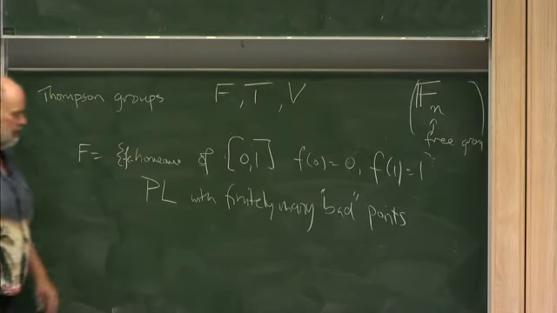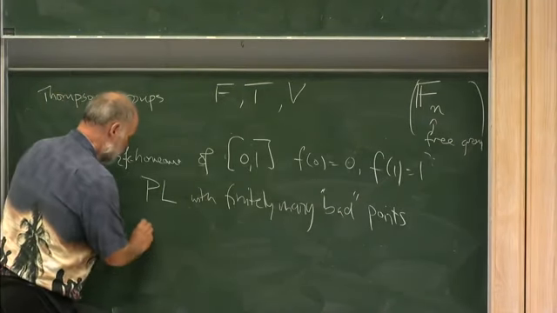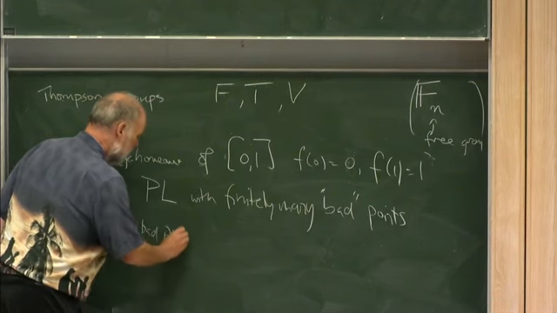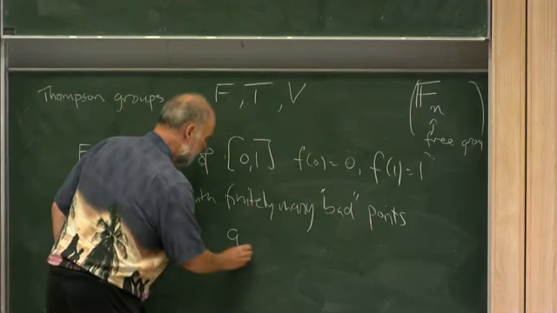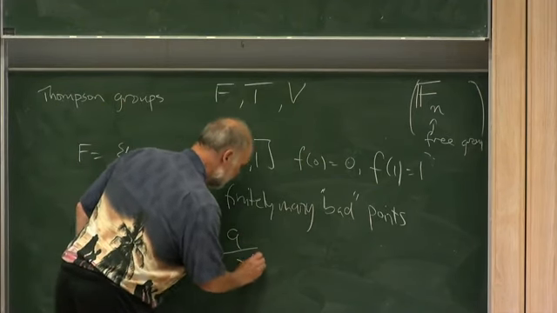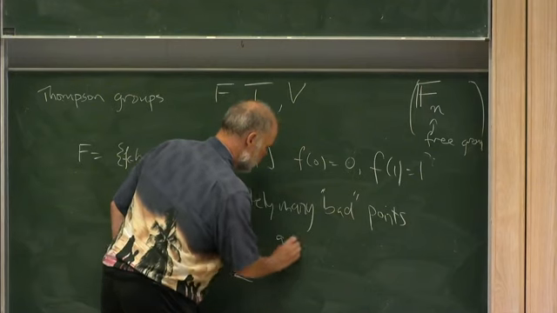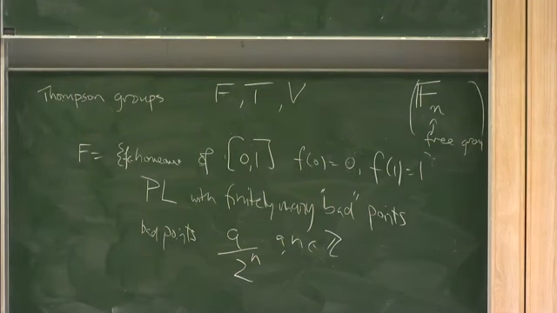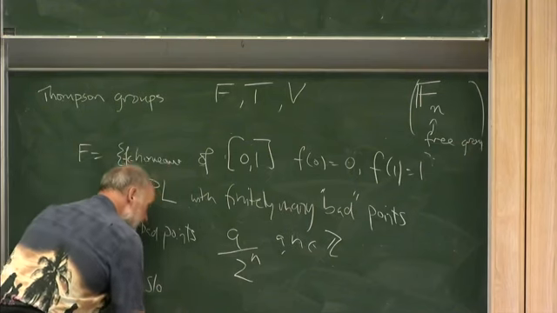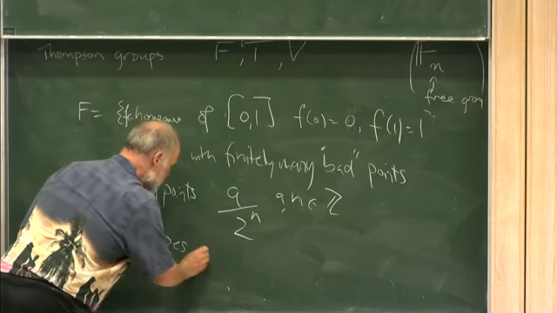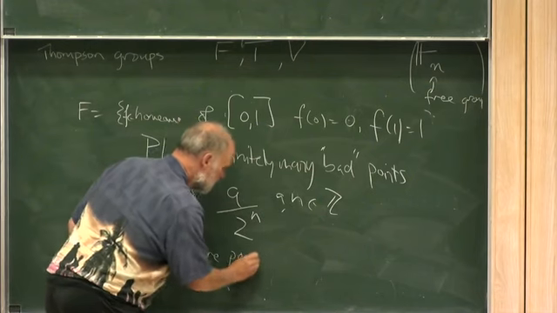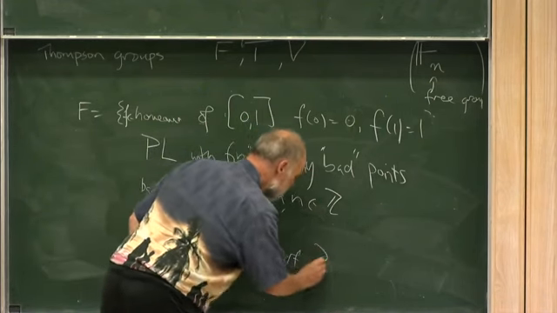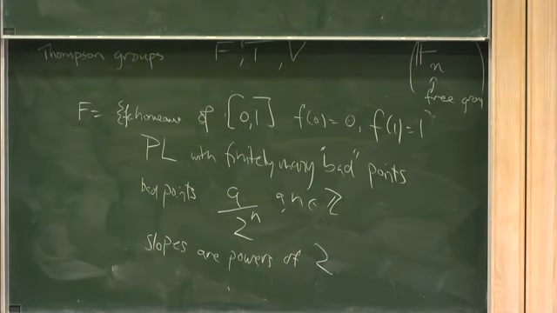That's where the derivative doesn't exist. And the bad points are dyadic rationals. And the slopes, when they exist, which is most of the time, are all powers of 2.